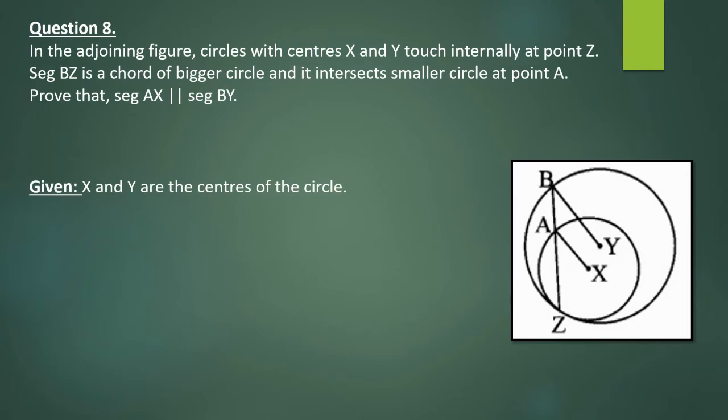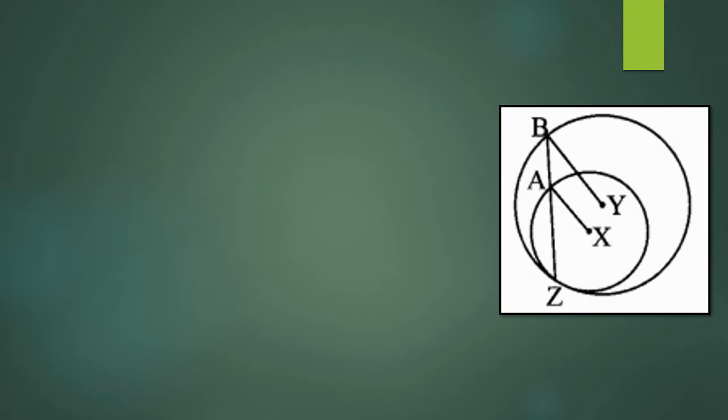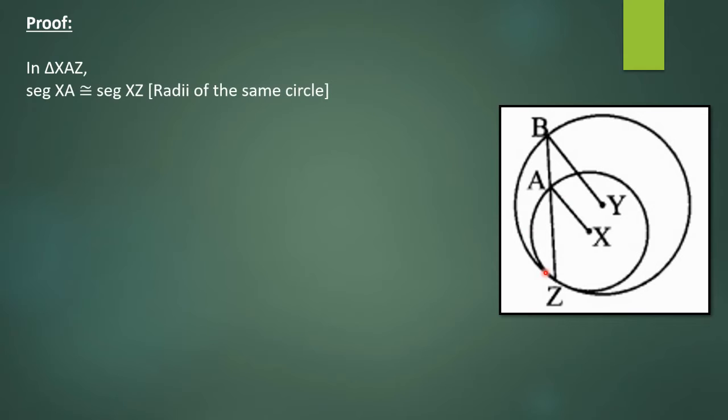Let's start with the solution. It is given X and Y are the centers of the circles. We have to prove AX is parallel to BY. Let us start with the proof. If you see in triangle XAZ, segment XA will be congruent to segment XZ as they are the radii of the same circle.